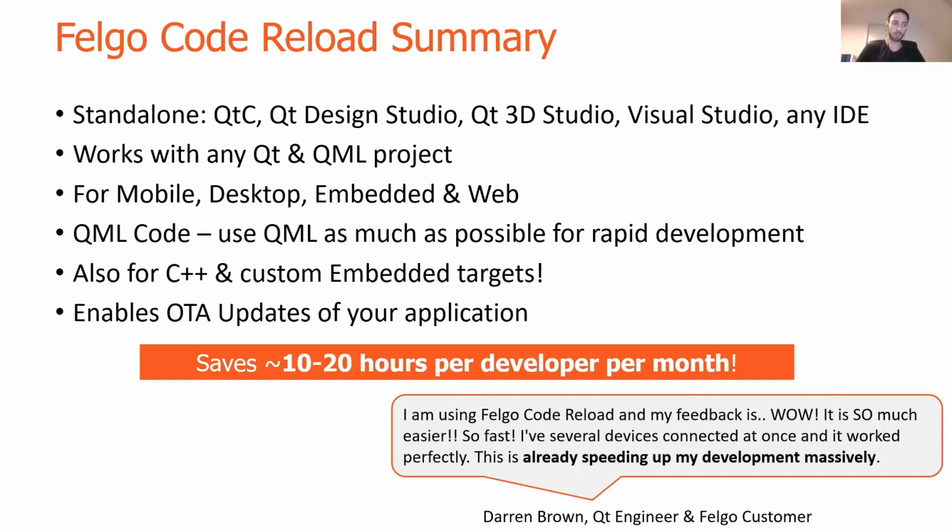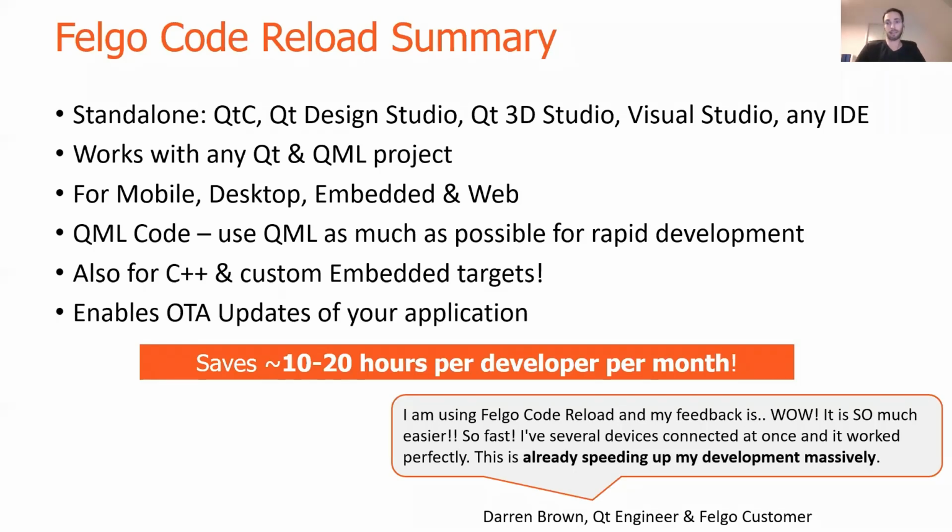A really cool thing about this is also that you can use this technology for over-the-air updates. So you can publish new app updates, not only for mobile, but also for desktop or embedded, and have these live apps updated with the same technology, just over the air, as long as there is an internet connection available. It also works on embedded, by the way.